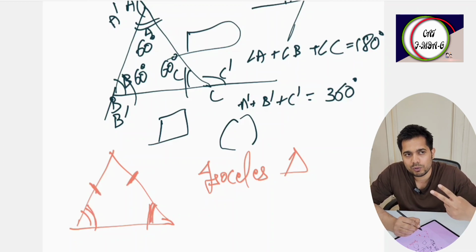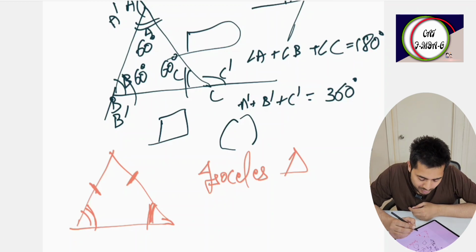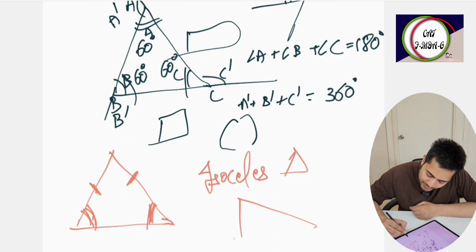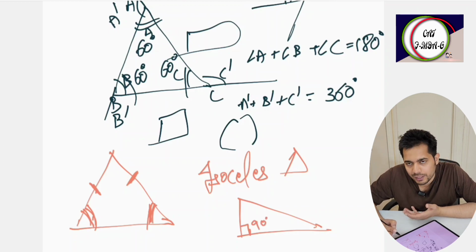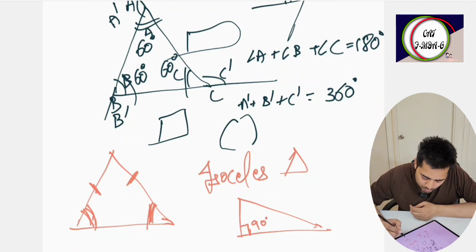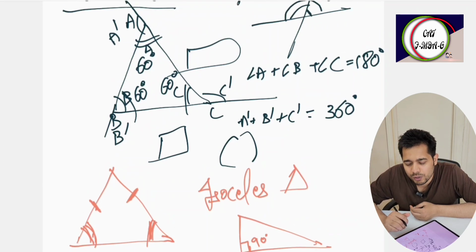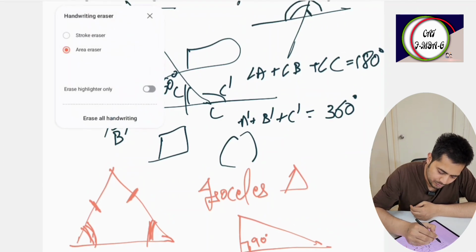So if two sides are equal, that is known as an isosceles triangle, then two angles are also going to be equal. Okay, remember this. Another thing is a right angle triangle. If one angle is 90 degrees, it is known as a right angle triangle. Also in triangles, you have to remember the properties of triangles. Let me clear a bit of the area.